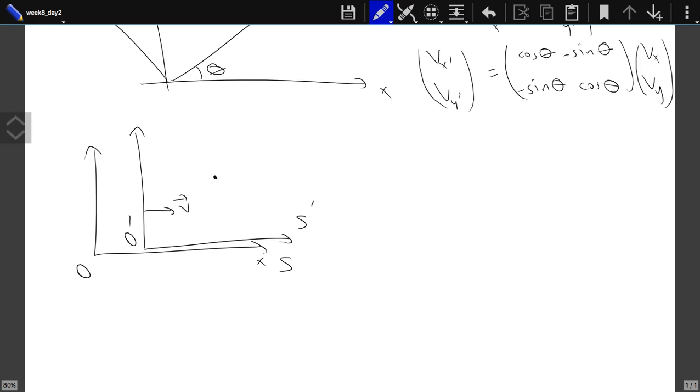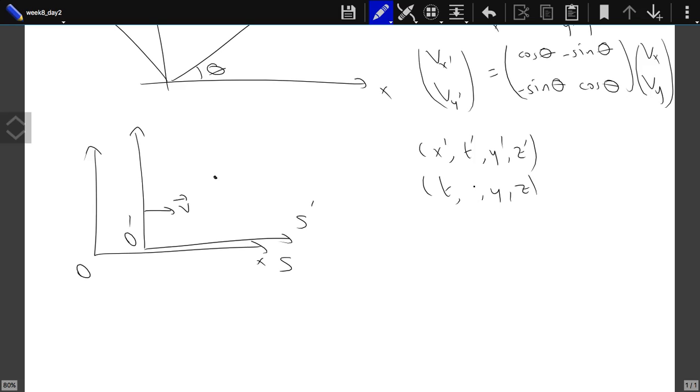And then we have this point over here. If you are the observer fixed at O prime, that point will have the coordinates, let's say X prime, at the time T prime, Y prime, Z prime. These will be its coordinates. If you are an observer fixed in the S reference frame at the origin, it will have the coordinates at the time T, X, Y, and Z. Well, let me just change the order of it.